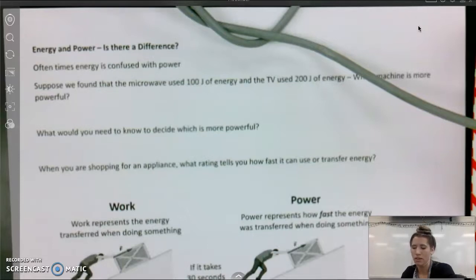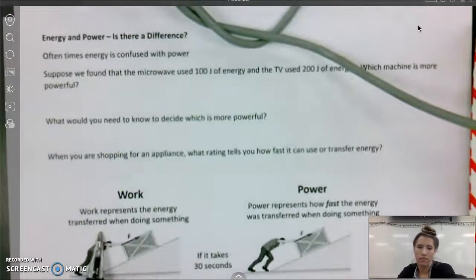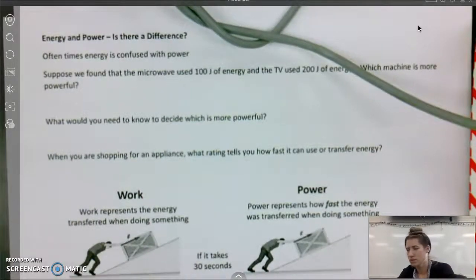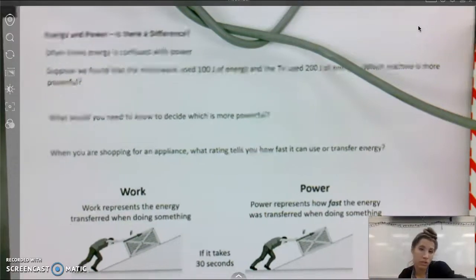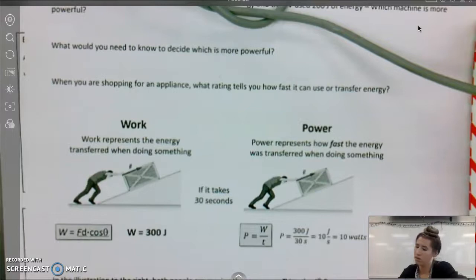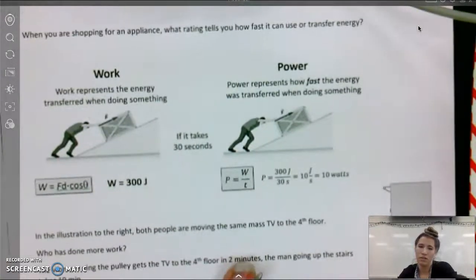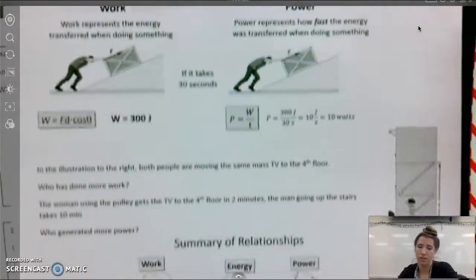Work represents the energy transferred from one thing to another, which results in a change in energy of that object. Power is how fast that transfer occurred: that change in energy happened over what amount of time. So there's a difference between work and power.